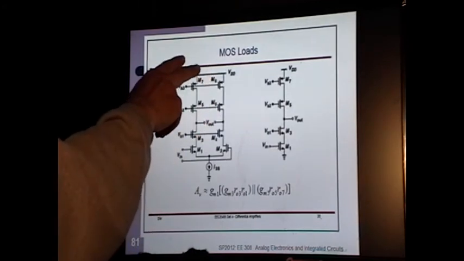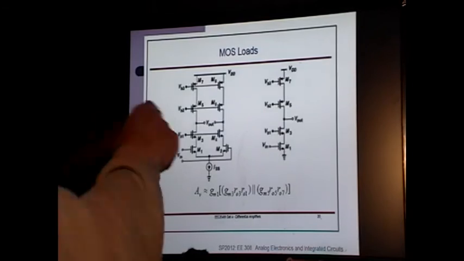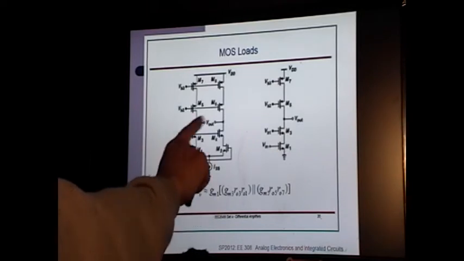When you do small signal analysis, any DC source becomes an AC ground, so there will be two paths to ground. Again, this node's not going to move if you give it a balanced input, even though it's cascoded.